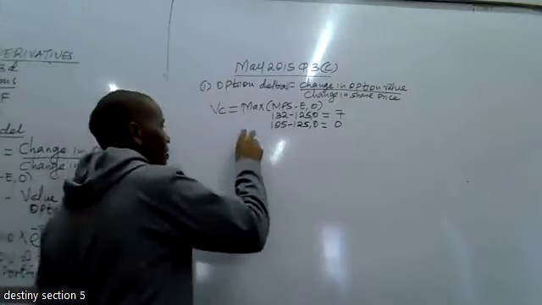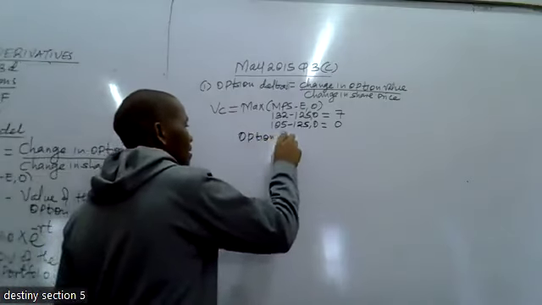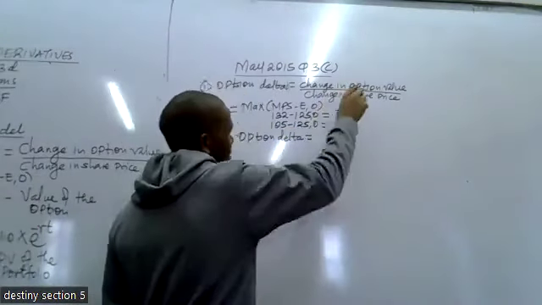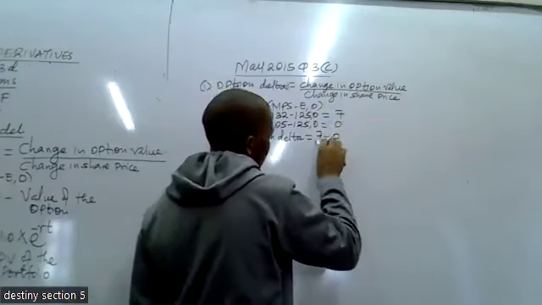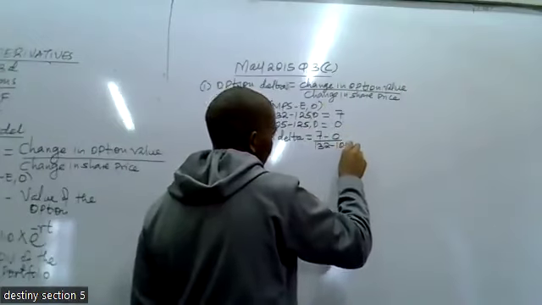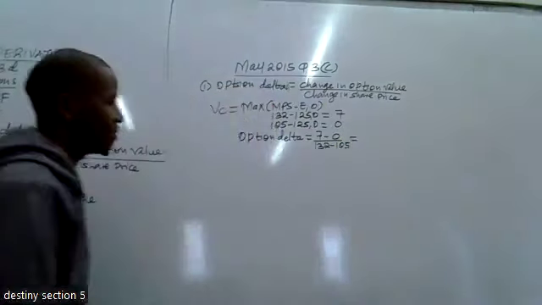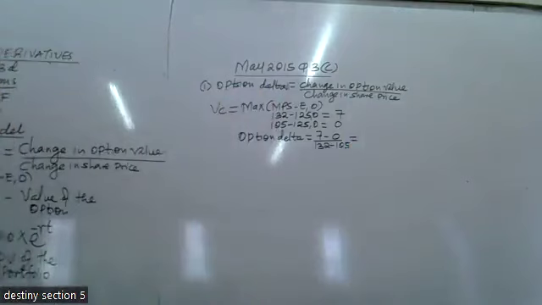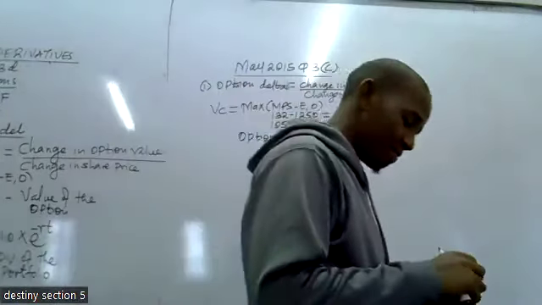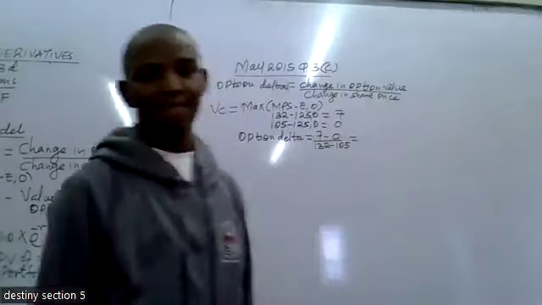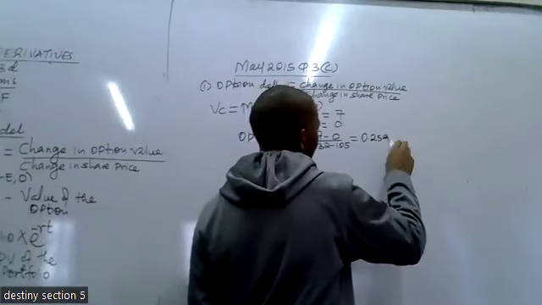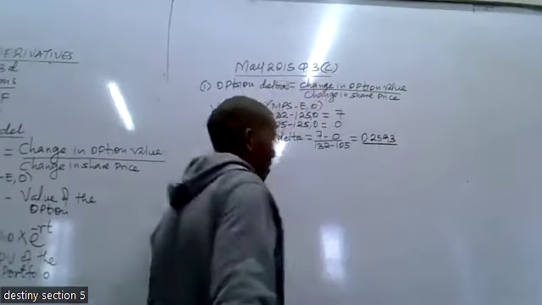So we can now get our option delta. Our option delta will be the change in option value, 7 minus 0, over the change in price, 132 minus 105, in 4 decimal places. This gives 0.25.